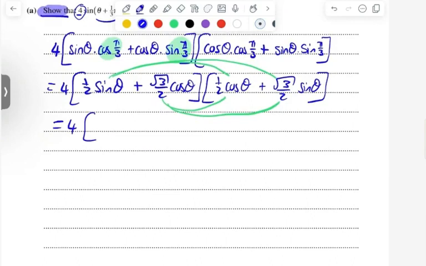Okay, so a quarter sine theta cos theta plus we have 4 sine squared theta plus root 3 over 4 cos squared theta. Can you already see something? I've got a sine squared and cos squared.